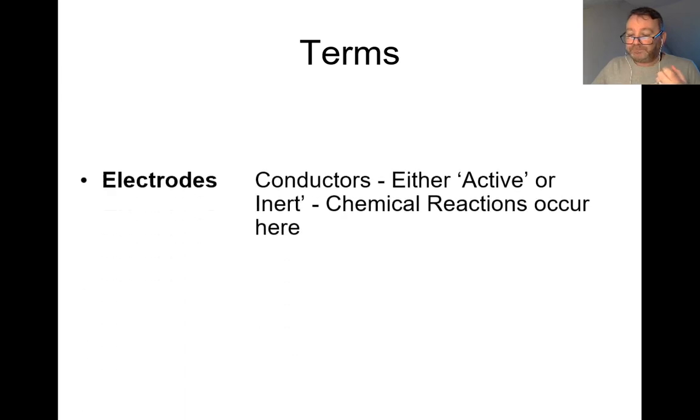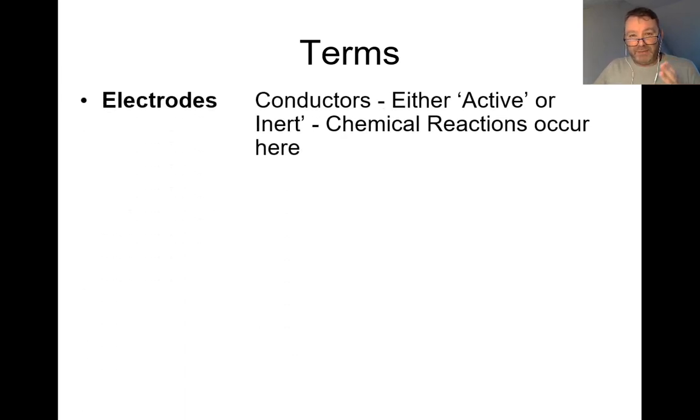So a couple of things we need to just briefly go over, a couple of terms that I'm going to be using quite regularly during this particular section. Electrodes. Now again, if you can remember back to your junior cert science, the electrodes are the objects that are placed into the liquid, okay? One of them will be positive, one of them will be negative. And there are two types of electrodes.